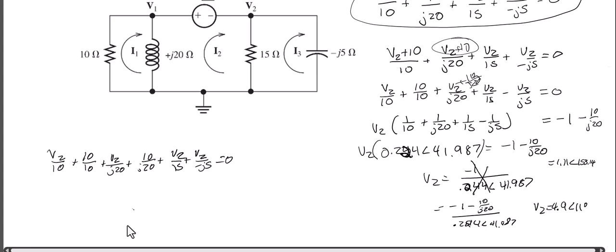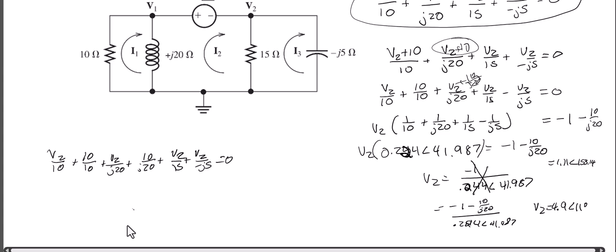All of this was just solving for V2. This was all just complex algebra. Is the number inside the parentheses below the J20 in pretty much rectangular form, and then you just convert that to polar form? Correct. So I just did this addition on the calculator and then converted it to polar.